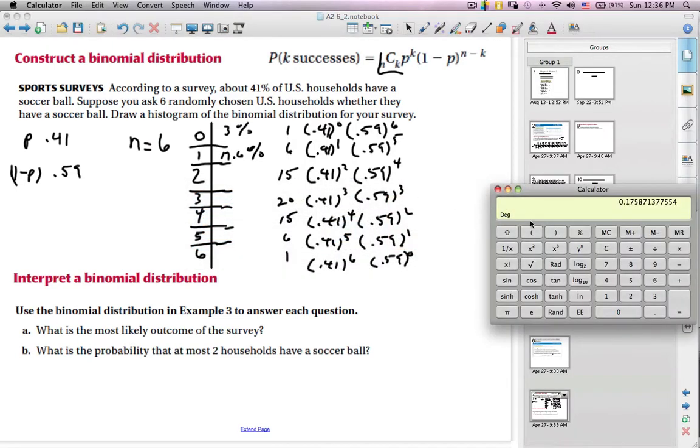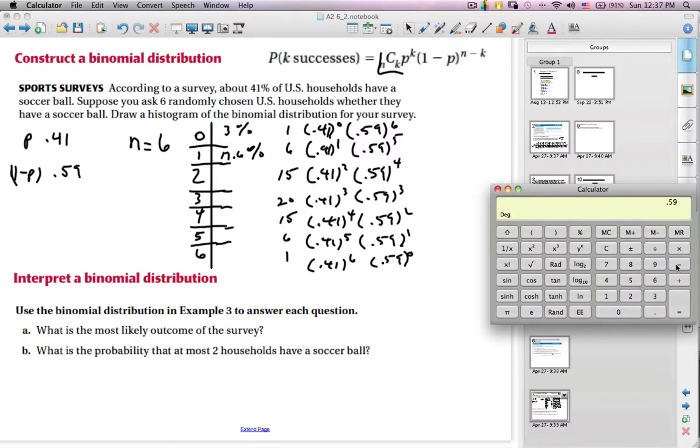So now I'm going to do my next one. I have 0.59 to the 4th power times 0.41 squared times 15. Oops, it looks like I made a mistake. So let me do this again. I know I made a mistake because this percentage would increase at this point.